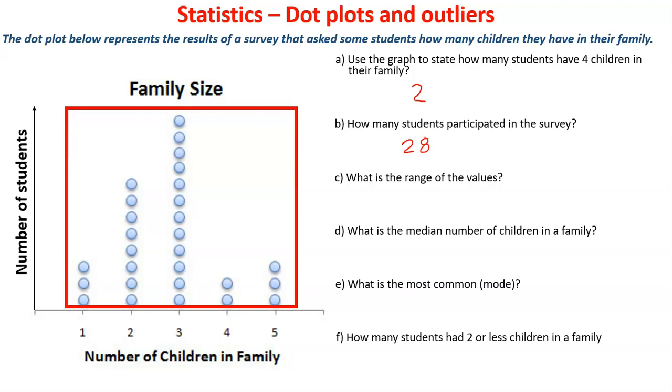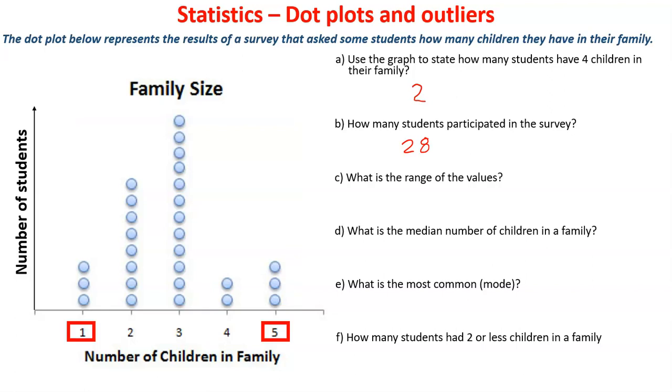The next question, C, what is the range of the values? So this is where we need to remember what the range means. Range means our maximum minus our minimum. So here we go, I've actually identified it. We can see that our minimum value in this case is 1. So I'm just going to write min equals 1. And we've got max, which is our maximum value, equals 5.